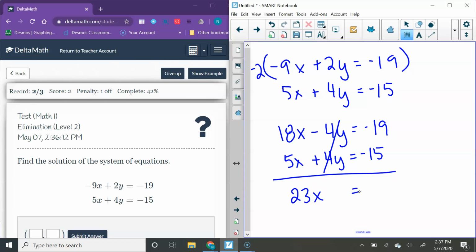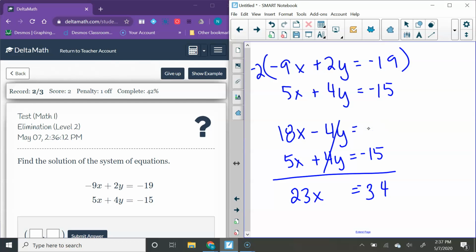And negative 19 and negative 15 is going to give me negative 34. Let's see, this doesn't seem right because it seems like I should be getting... Oh, that's because I did not multiply this number right here by... Okay, so I made a mistake right here.